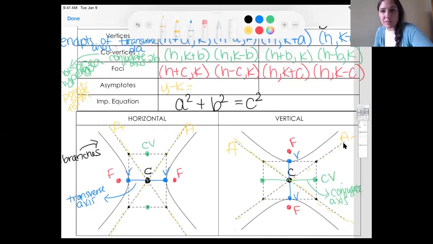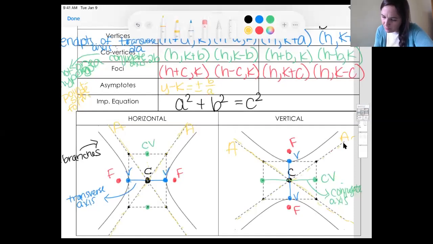There are always 2 asymptotes. One will have a positive slope, one will have a negative slope. So I'm going to write these, although this represents 2 formulas. So we've got plus or minus, and then it's b over a. It makes sense. b in this case represents the change in y. a represents the change in x. So it's essentially our rise over our run, our b over our a.